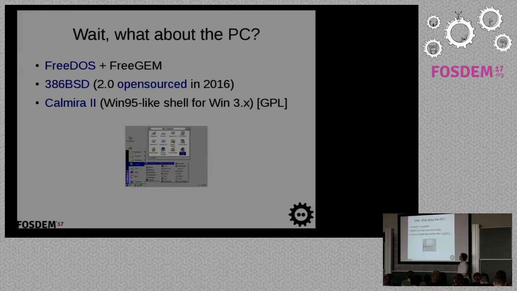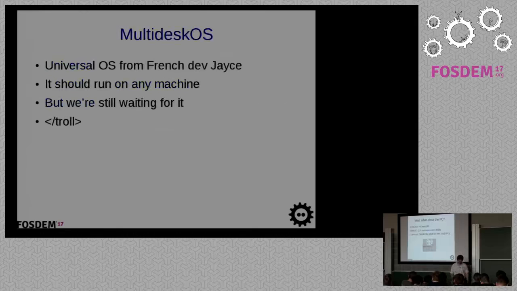And then the latest one has been published with the source code. So yeah, it's nice. I saw it at Capitole du Libre some months ago. And then there's Calmira 2, which is actually a shell for Windows 3. So yeah, it's weird. I think there's even Calmira Vista or something. People are crazy. And then there's Multidesk OS. It's a universal operating system that runs everywhere. And okay, that's just a troll, but I had to mention it.